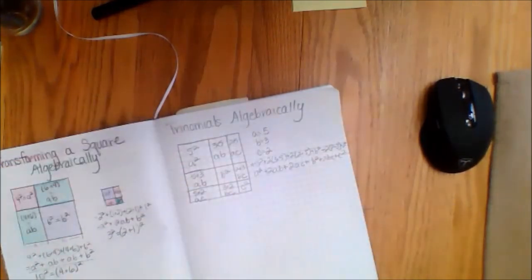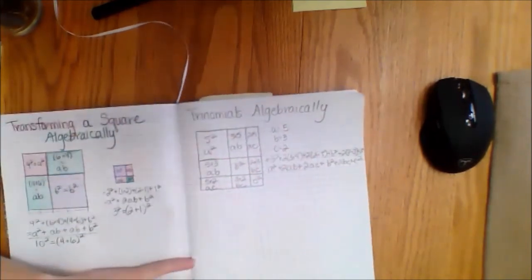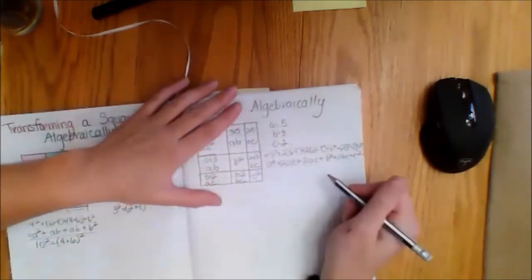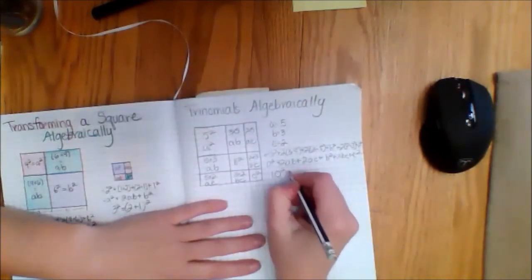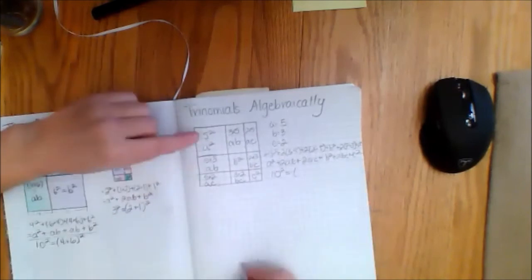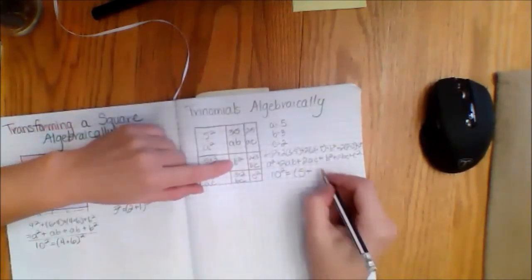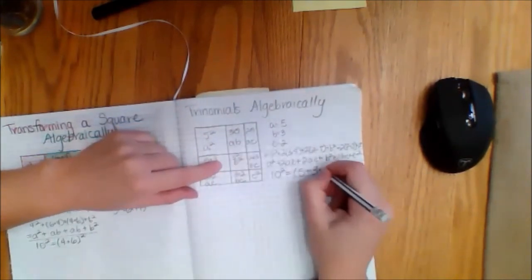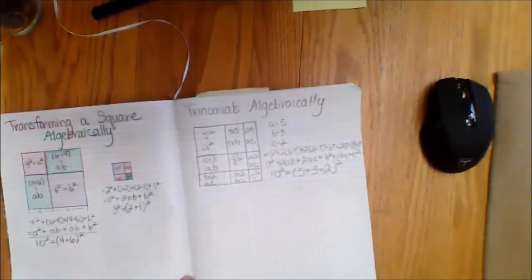I think it fit better without the parentheses. Up here I had parentheses and the multiplication symbols. Algebraically is easier to write once you get used to substituting all the letters. Okay, so in this case, I have 10 squared is equal to 5 plus 3, oh sorry, I didn't write that one in there, plus 2 squared.